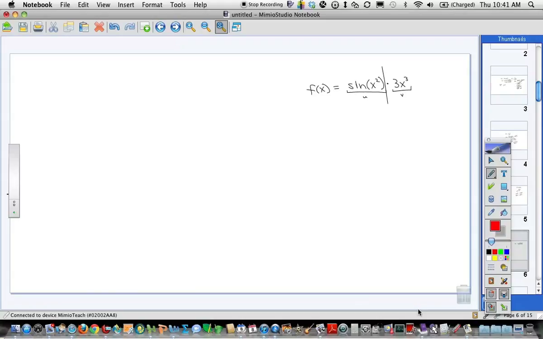But in the midst of doing the product rule, and remember what the product rule says is u prime v plus u v prime, right? In the midst of doing that product rule, right here, we're going to have to do u prime. And to do u prime, you're going to need the chain rule, right?